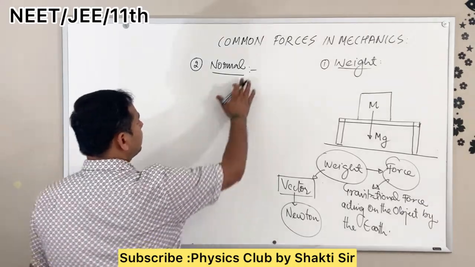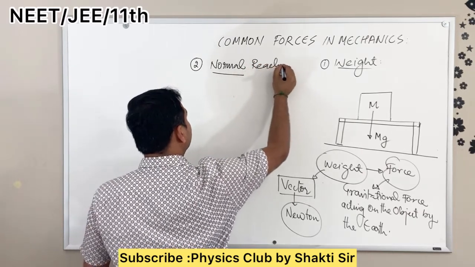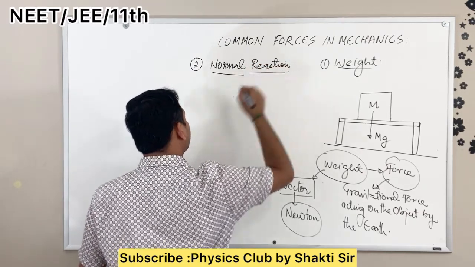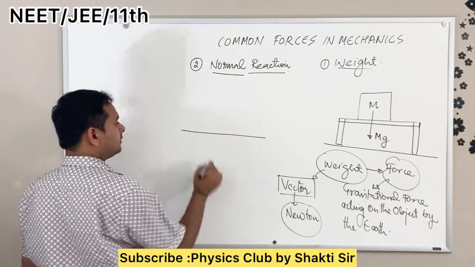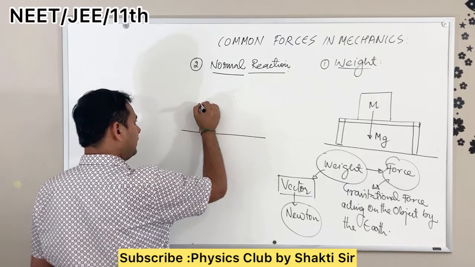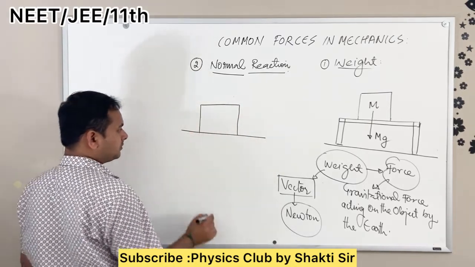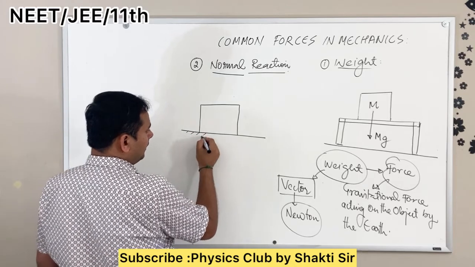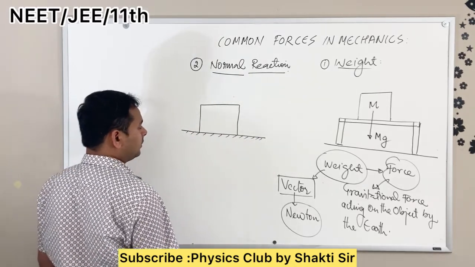Now the normal, or we can say normal reaction. Again, this is a surface and an object is placed on the surface, and I'm trying to draw it.